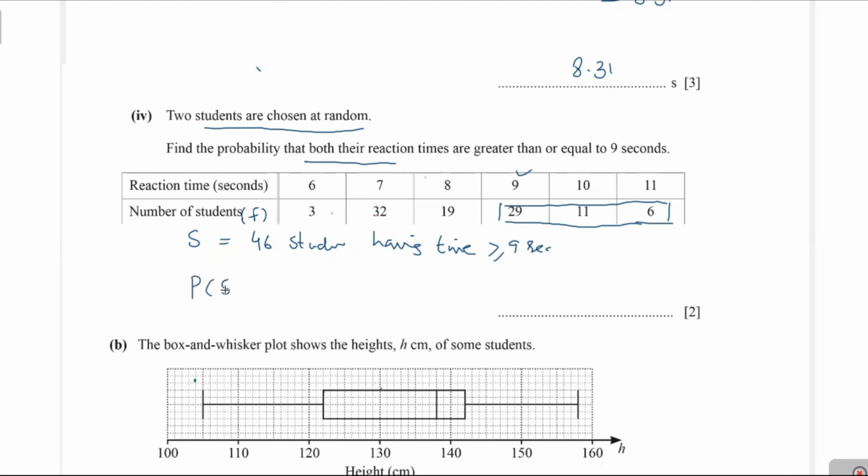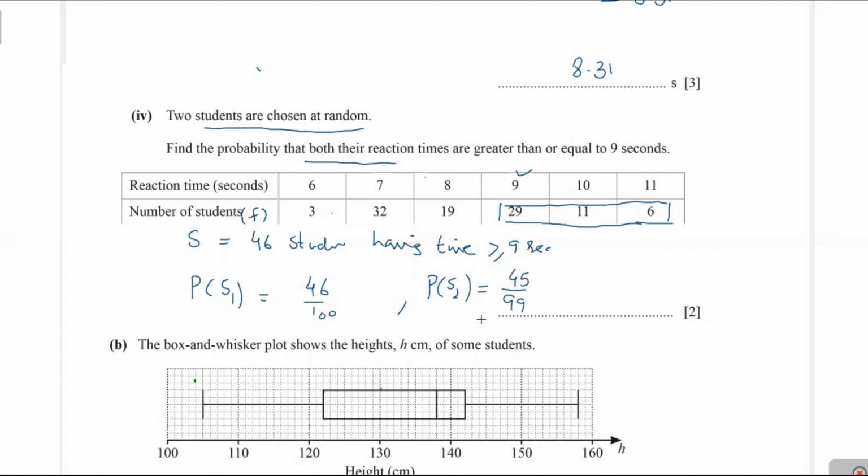Probability of the first student selected will be 46 students out of 100. Next, when you select the second student, the probability will be equal to the number of students. We already have one student selected, therefore total students remaining is 99 and the students having reaction time 9 or greater than 9 seconds become 45.